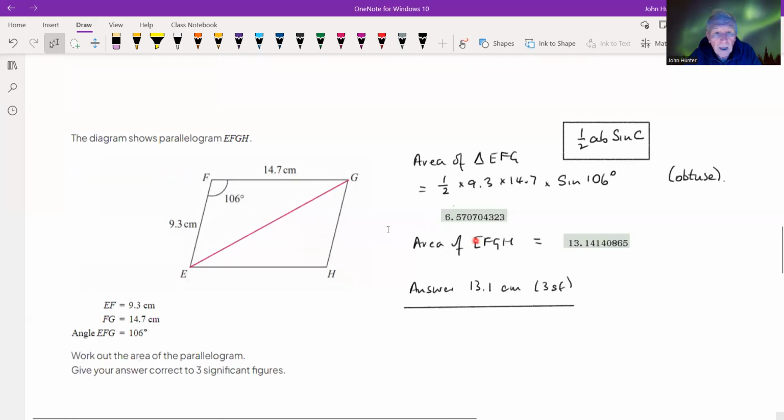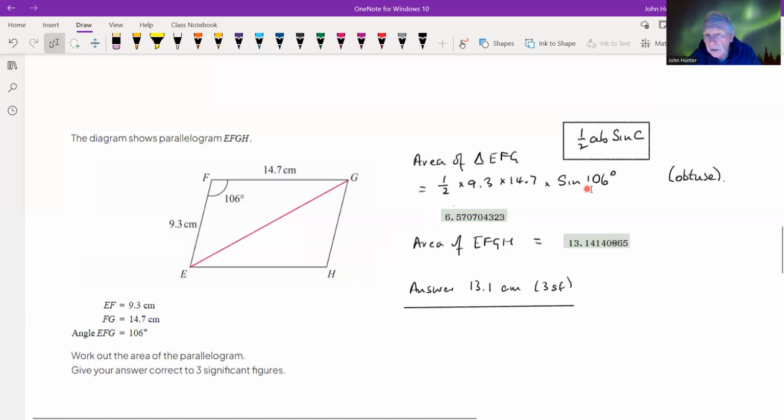Another one here. The diagram shows a parallelogram EFGH with the measurements on, and we need to work out the area of the parallelogram. Well, it's a parallelogram, so if we draw this diagonal and think about this triangle here, EFG, then again we've got two sides and the angle in between.